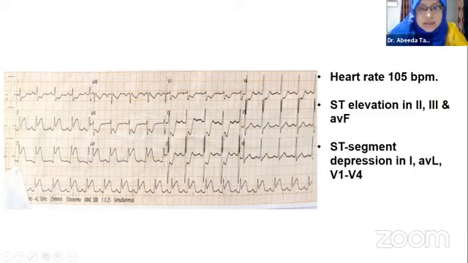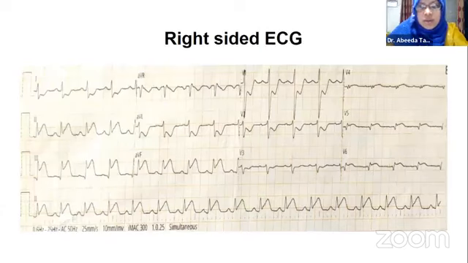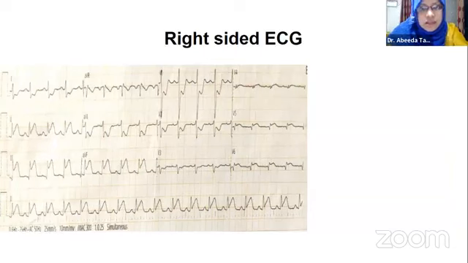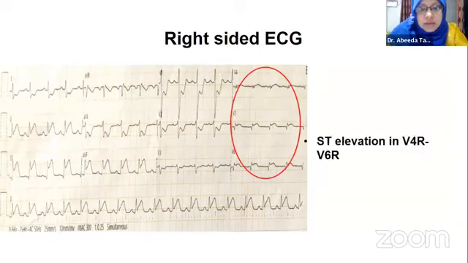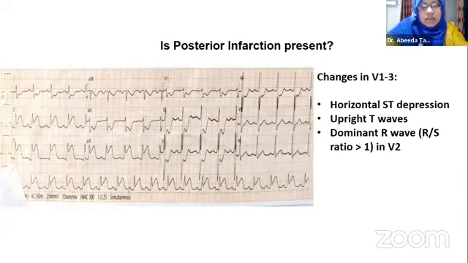Yes, sir. Thank you, sir. As you have already mentioned, ST elevation and also ST depression are present. A right-sided ECG was also taken in this patient, and it shows ST elevation from V4 to V6. So the question is whether there is posterior infarction.